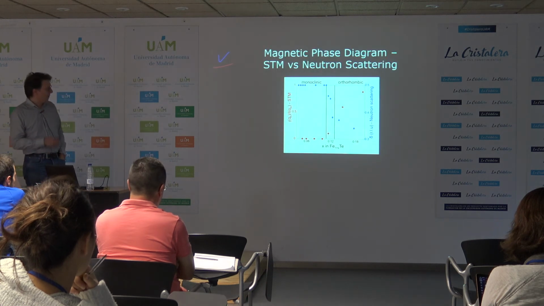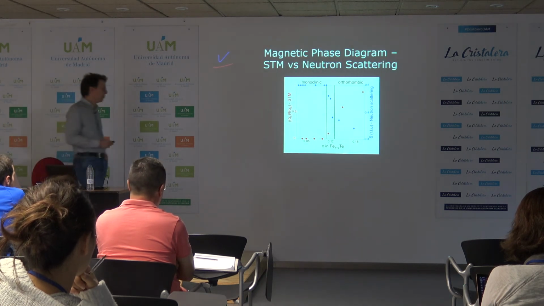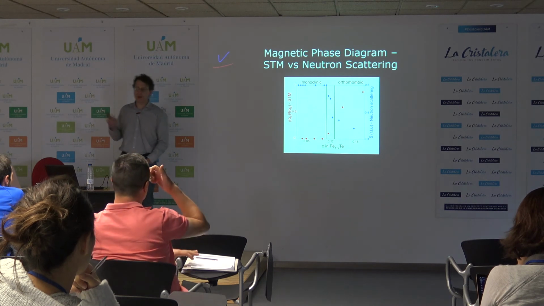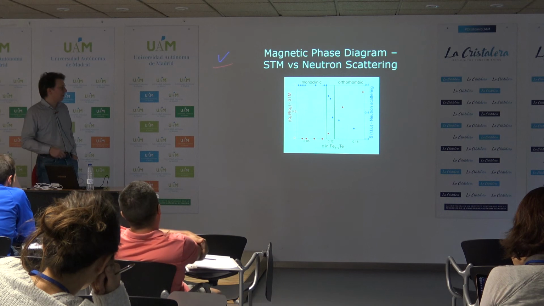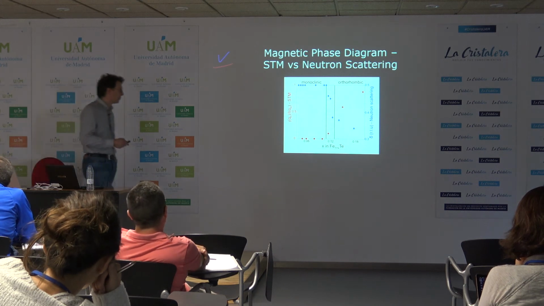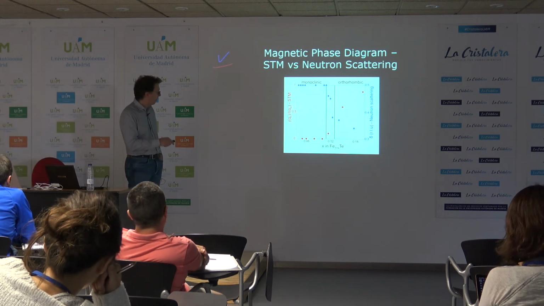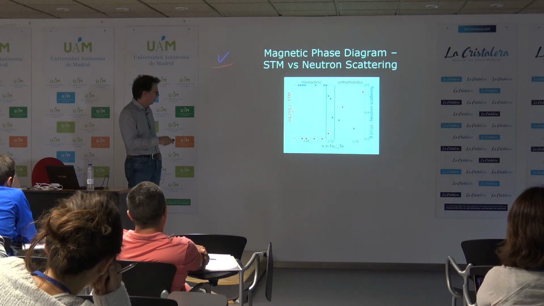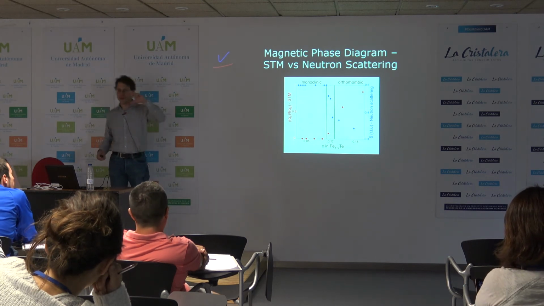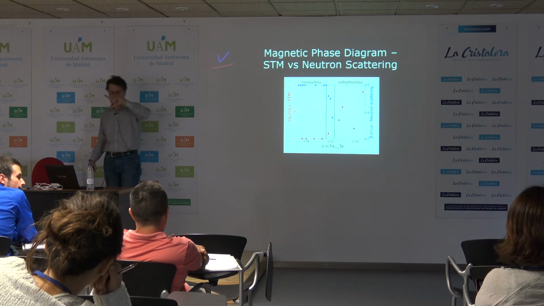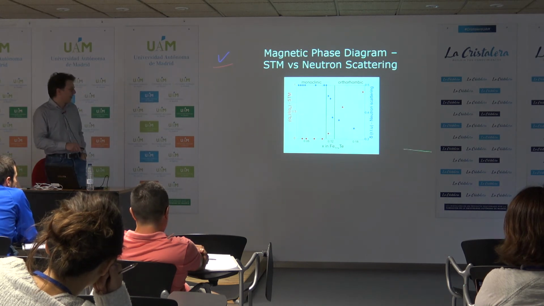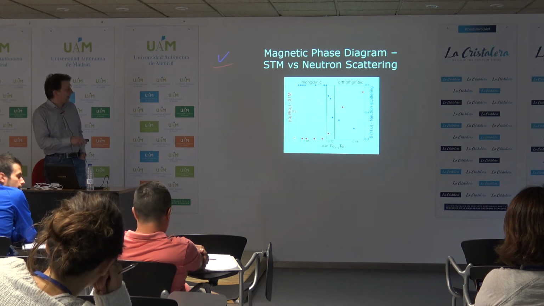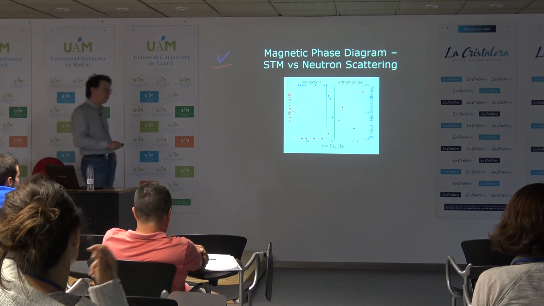Okay, if we now compare all our measurements with Neutron scattering, we can draw a phase diagram from what we can derive from the surface magnetic order in comparison to what's known from Neutron scattering. So what's plotted here is the intensity of the magnetic order in the 2 directions, basically of these 2 wave vectors, as a function of excess iron concentration, and the blue points here are the incommensurability from Neutron scattering.